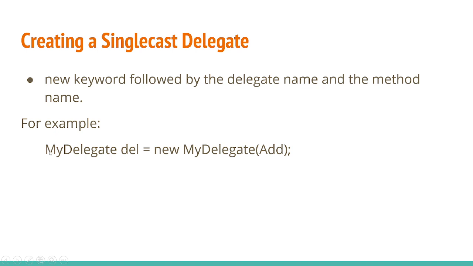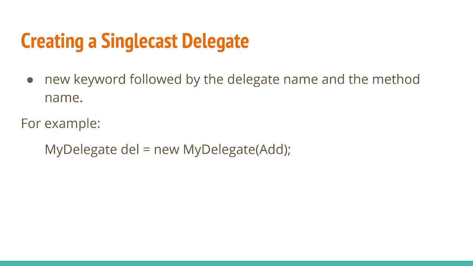So we can write something like this: myDelegate del = new myDelegate(add). Add is a method name and del is a delegate instance. So up till now, we declared a delegate, then we created an instance of the delegate.